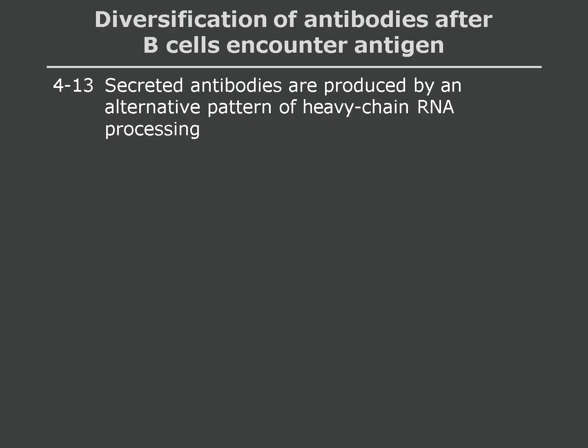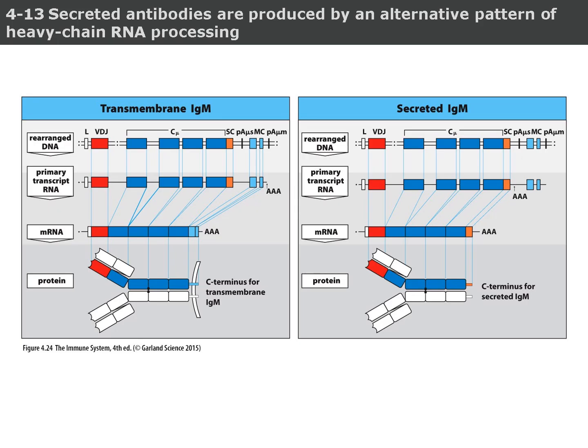Secreted antibodies are produced by an alternative pattern of heavy-chain RNA processing. This figure shows how a developing B cell produces either a membrane-bound or secreted form of immunoglobulin M by using alternative processing of heavy-chain ribonucleic acid transcripts.